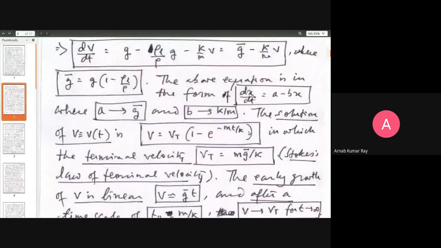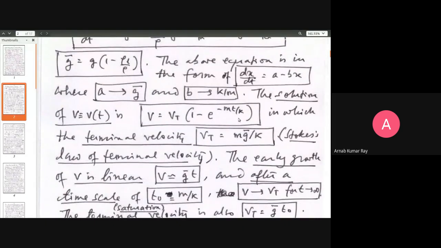Now, what do I mean by terminal velocity? Very simple thing. When t goes to infinity, kt by m, not mt by k, kt by m, where k and m are constant quantities, this thing will go to zero, and the velocity will go to a maximum value of v subscript capital T.